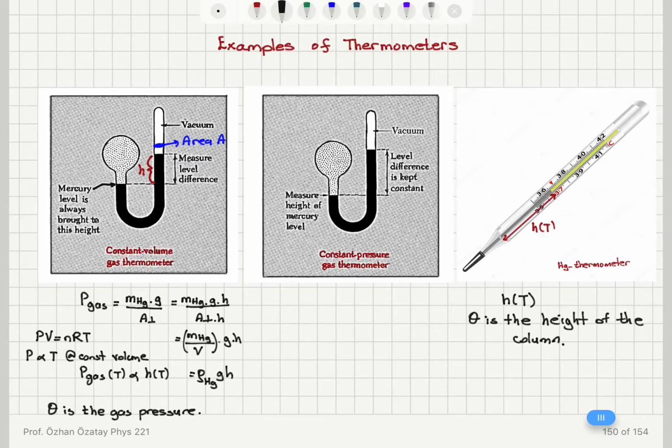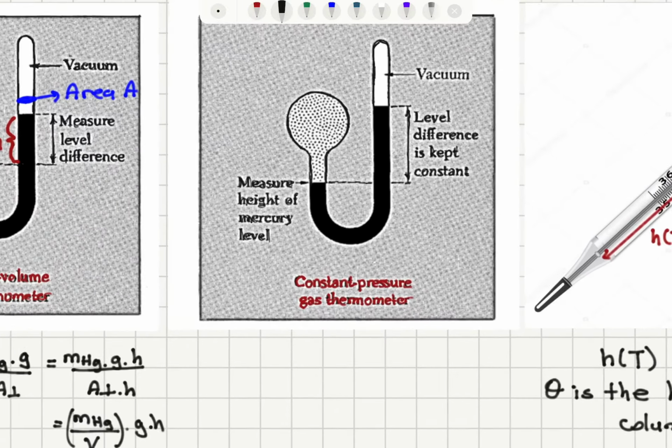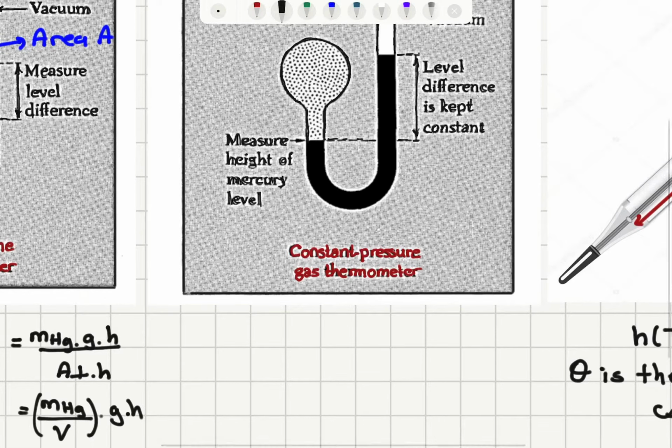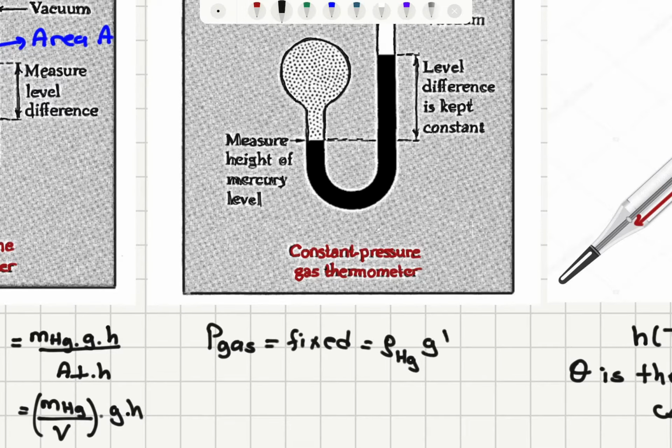Another example we can talk about is the constant pressure gas thermometer. Now here we measure the height of the mercury level on the right-hand side, and we keep the pressure constant, so the level difference is kept constant. So the pressure of the gas is fixed. It is equal to rho mercury gH.